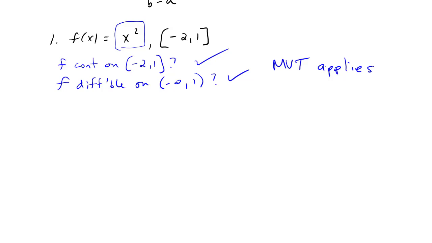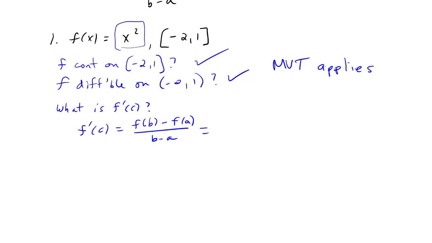So now there's two questions that I really want to think about. What is this guaranteed f prime of c? What is the guaranteed value of the derivative? Well, I would need to calculate what it's telling me: f prime of c is f of b minus f of a over b minus a.